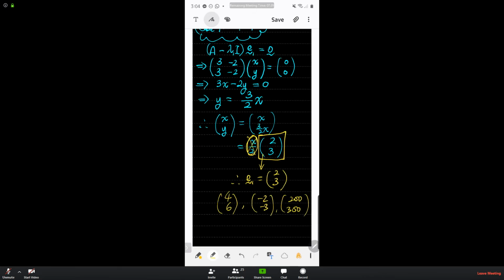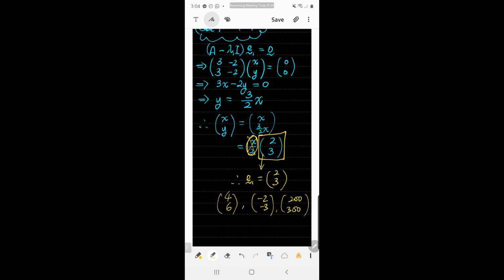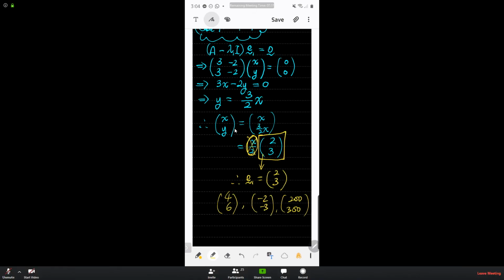They can be different in sign, can be different in magnitude, but you must make sure they are parallel. 2, 3, 4, 6, -2, -3, 200, 300, they are all parallel, correct? You make sure that they are scalar multiples of each other.